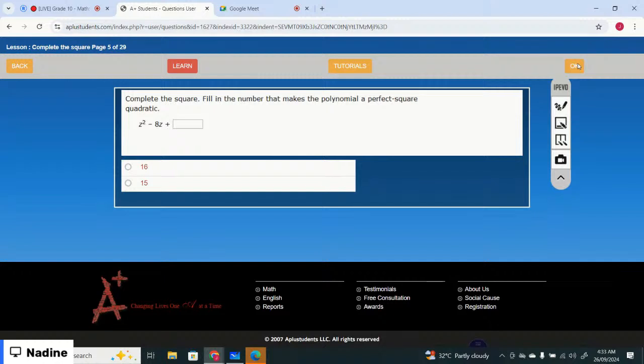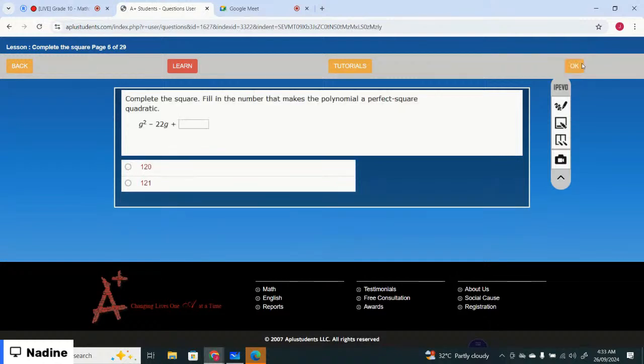So the missing number is 16. Option number 1 is the correct option.